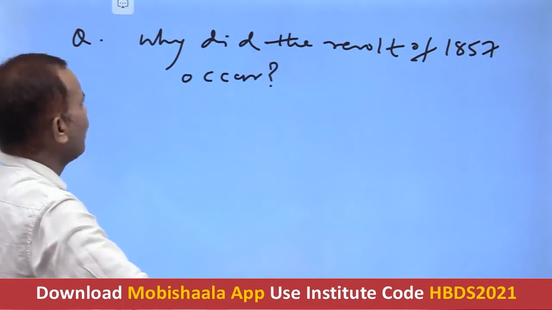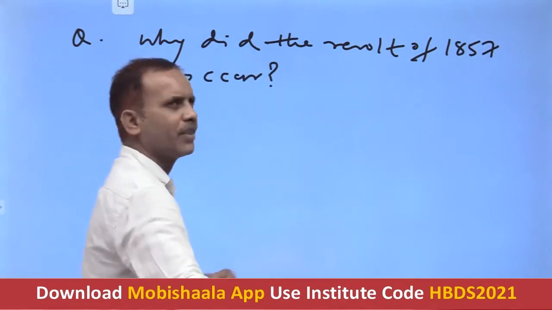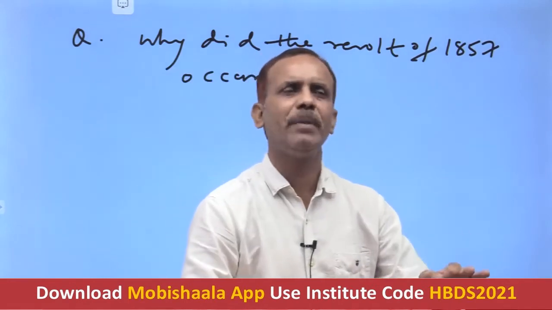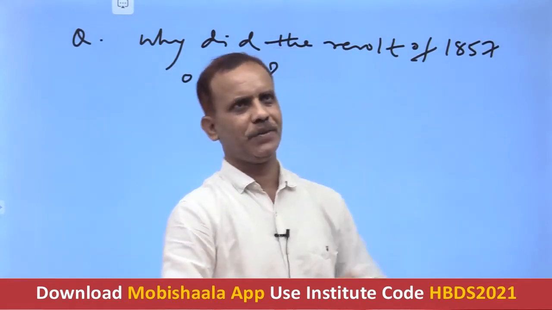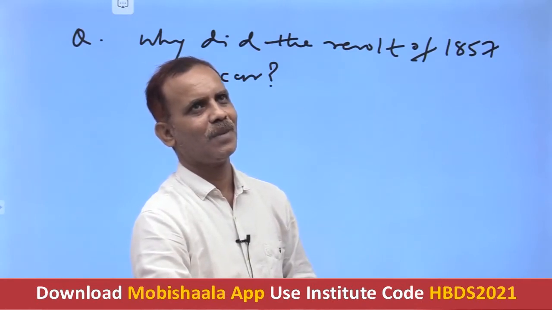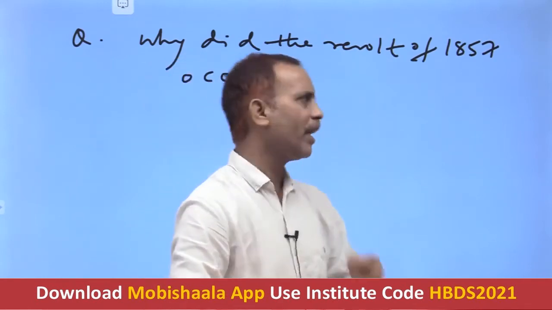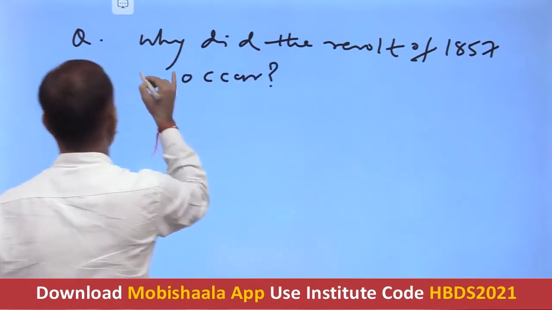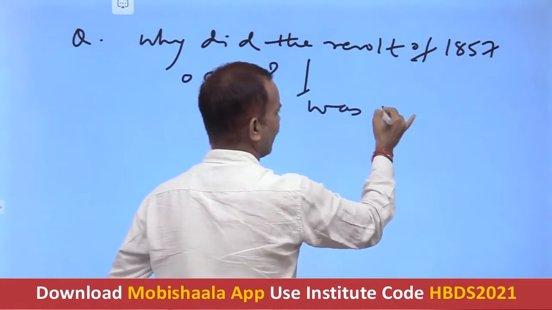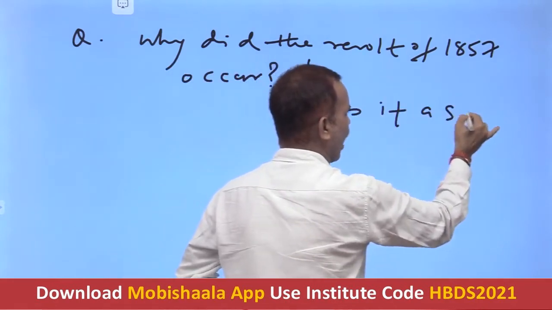A basic question is, why did the revolt of 1857 come to emerge? Was it a Sepoy mutiny?